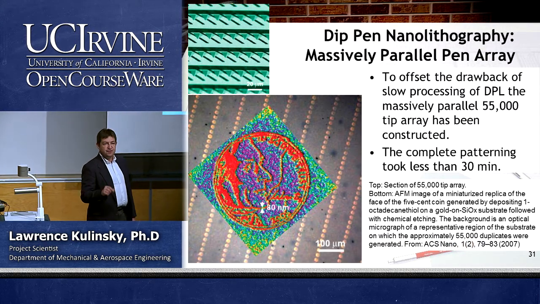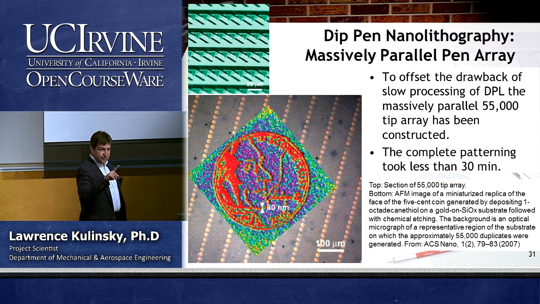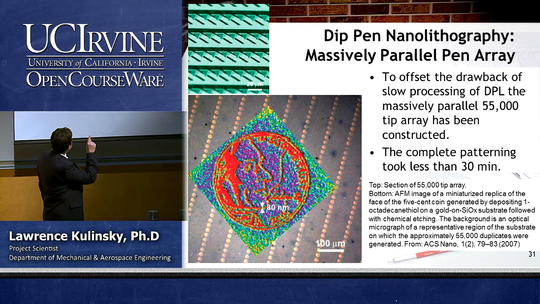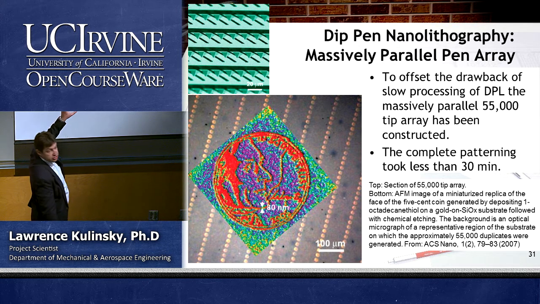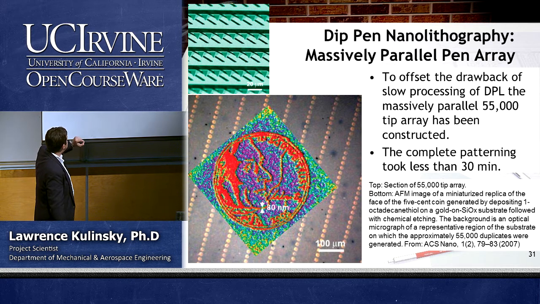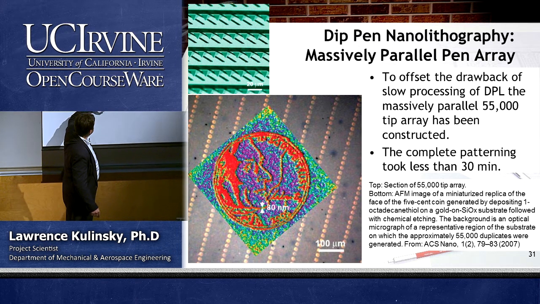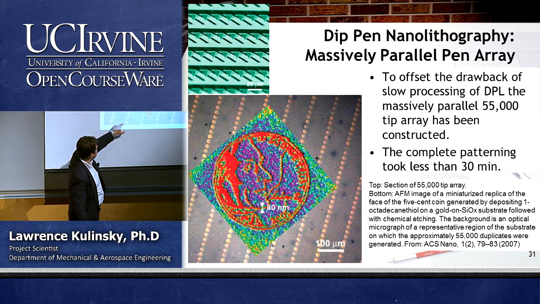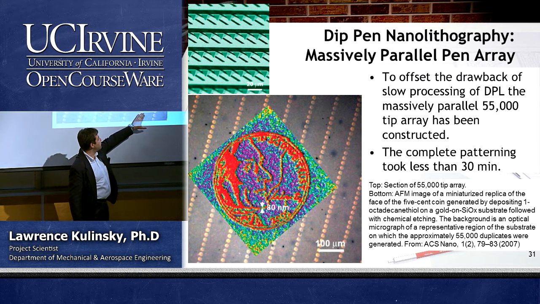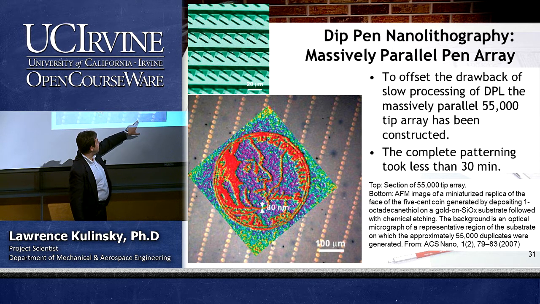So up to 55,000 of these AFM writing tips were used in parallel. You can see the picture on the top, right, of these AFM tips. Each picture in the background is actually small; this is the 100 micron scale, and this is a couple of microns.